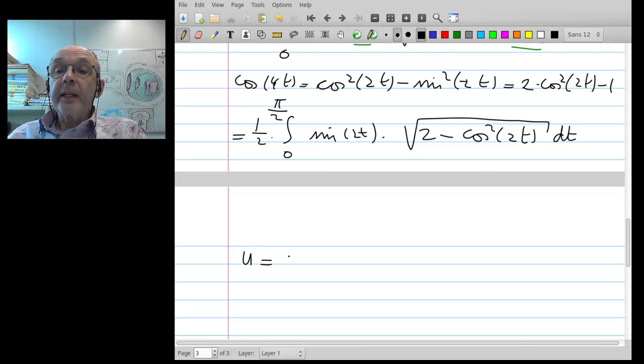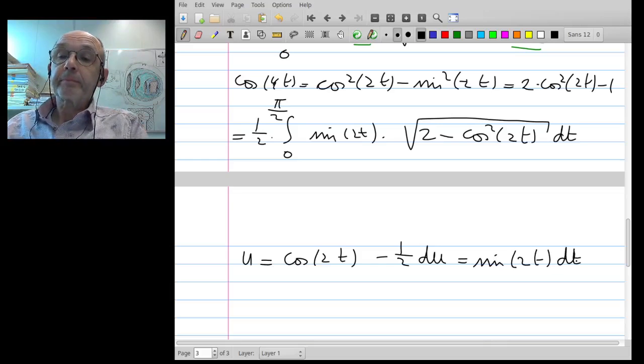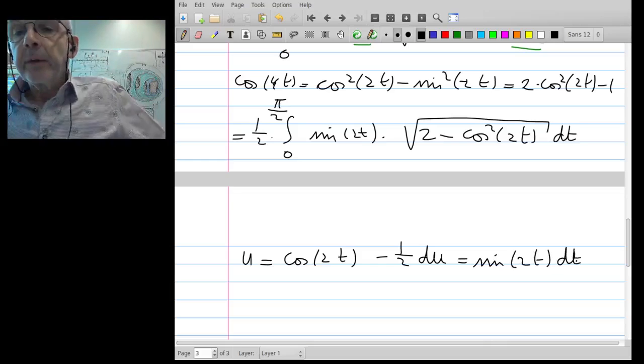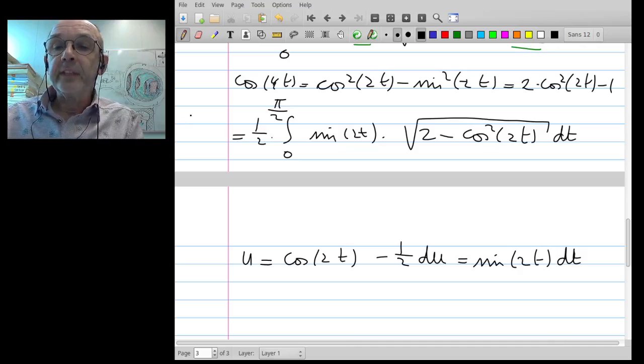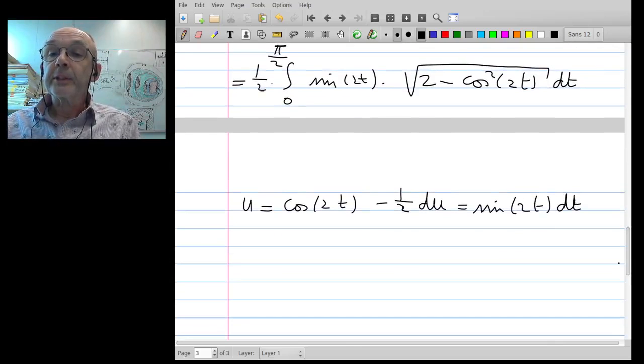Let's take a new variable, the cosine, and let u be cosine of 2t. Then we have that 1 over 2 du becomes equal to minus the sine of 2t dt. Just take the derivative of du dt and then change it a little bit, and then we have this expression here. And so what does that give us?